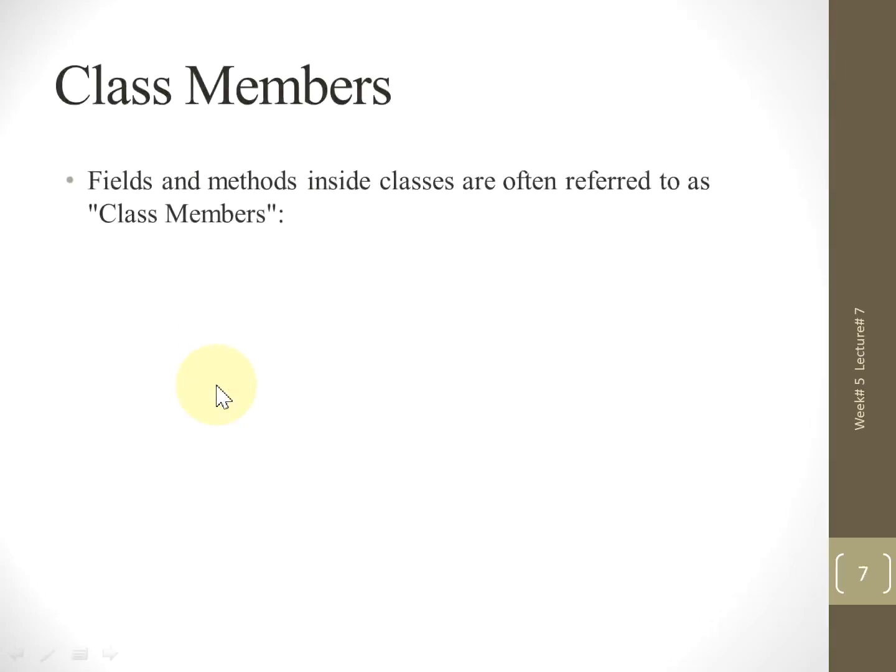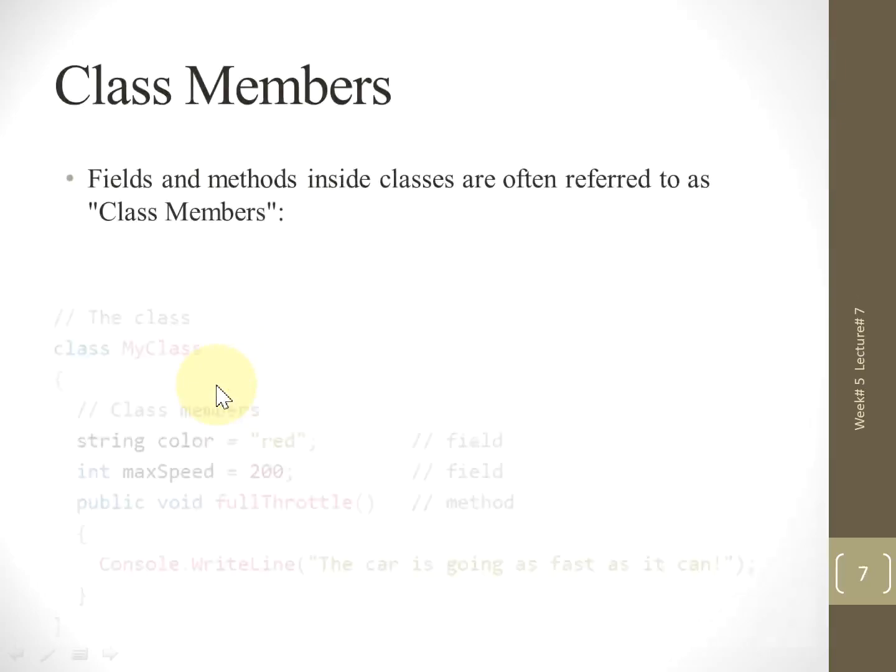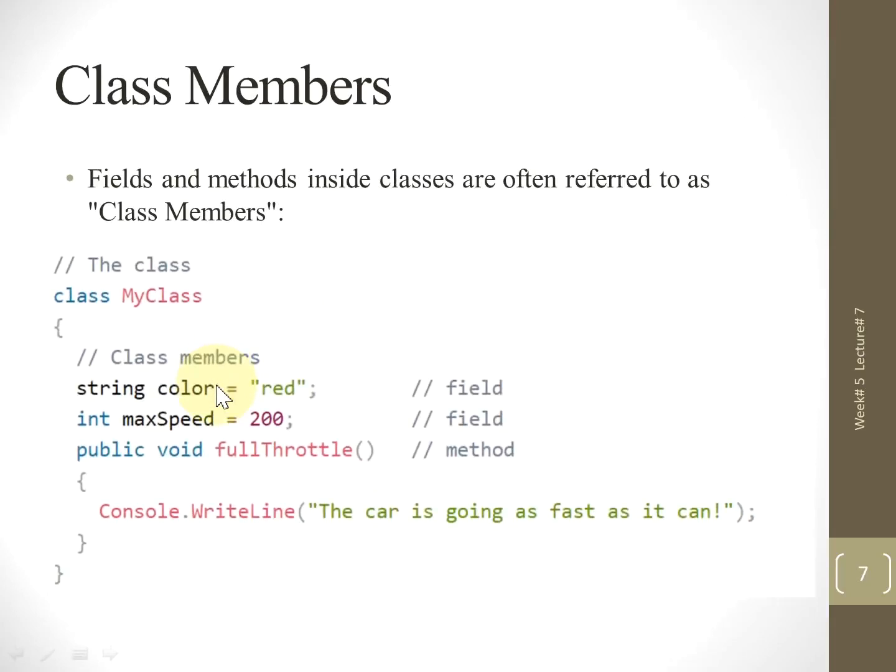Class members: we have two kinds of members, that is data members and member functions, as already discussed. Within the class we can call them fields, or attributes, and methods. The string color and the integer maximum speed are two data members which are initialized within the source code.